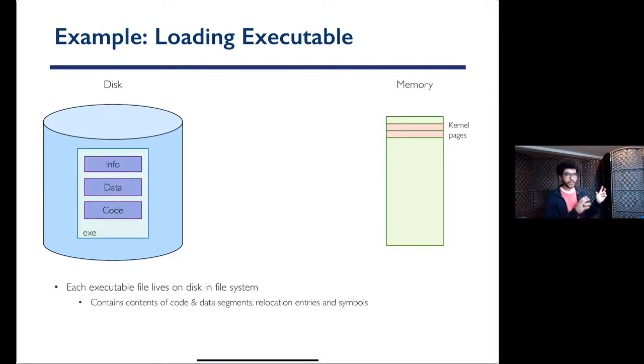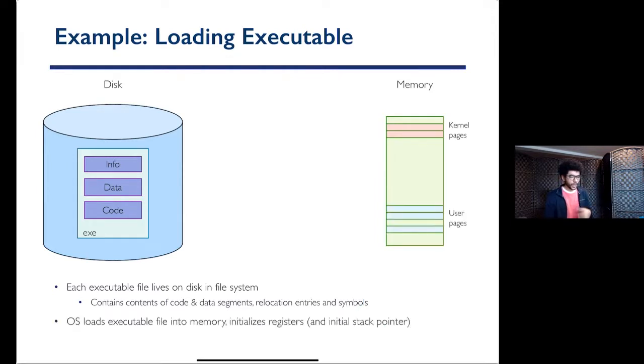Let's say you have this executable image somewhere in your disk. It has your code, it has your data, maybe some metadata information. Now, the loader, which is part of the operating system, will load the executable image into physical memory, and then set up all the registers.